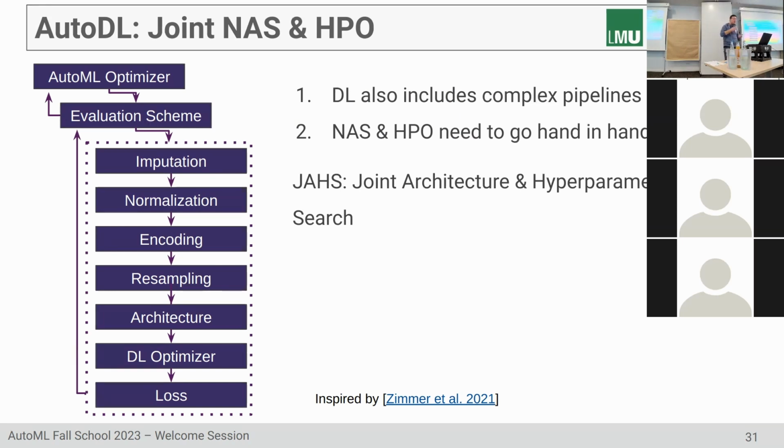We are doing imputation, normalization and so on. And this again yields a complex machine learning pipeline together with hyperparameters for the learning algorithm. And then we can also combine these two problems again. This basically yields JAHS, I don't know how to pronounce that, which means that joint architecture and hyperparameter search is combined.